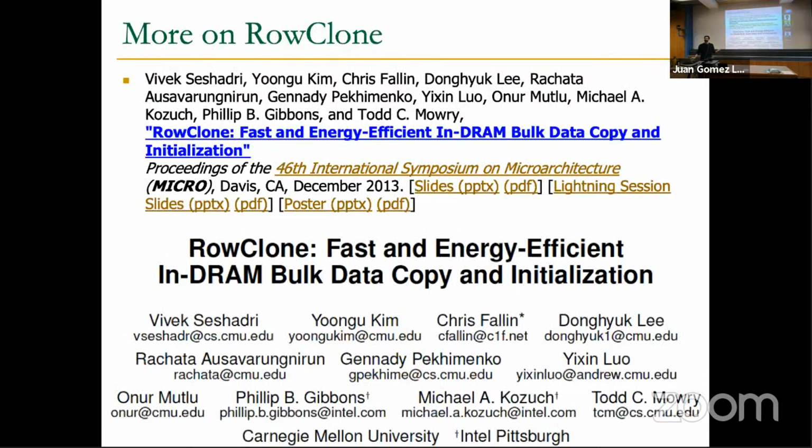You may remember that the first work that tried to do something using memory, using DRAM, was this RowClone paper. The idea is essentially to send 2 activate commands to memory in order to enable the direct copy from one row in a subarray to another row in the subarray with a very simple sequence of commands, 2 activations, and 1 precharge command.